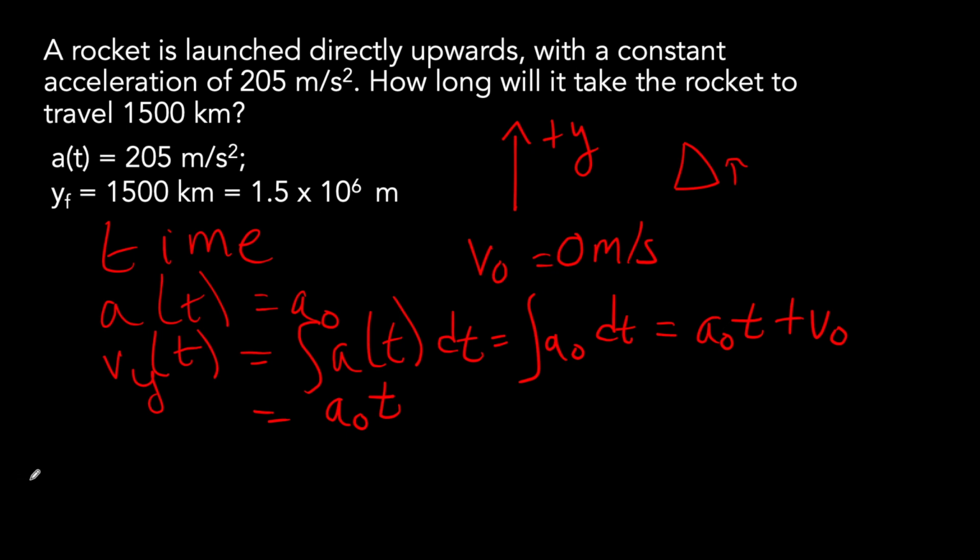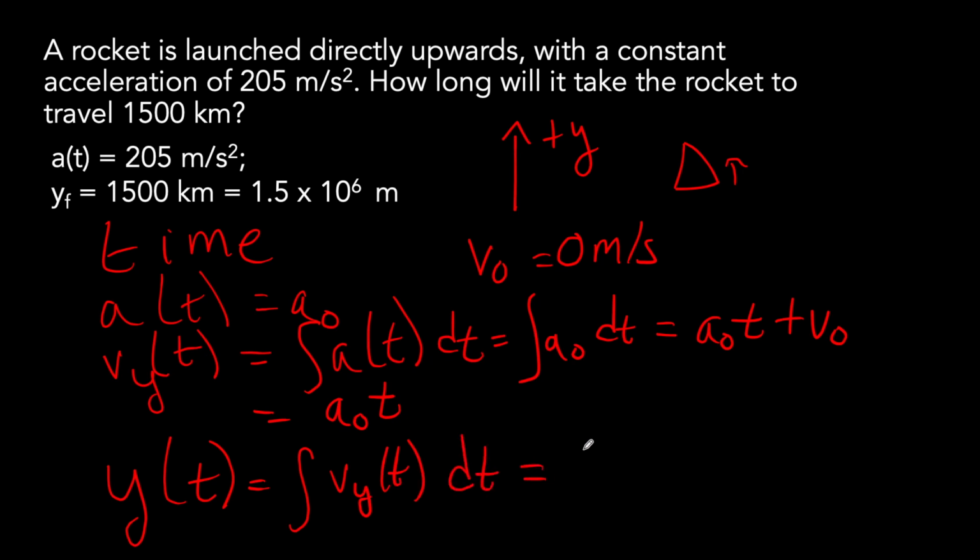Okay, now I really want to know the time it takes for me to travel to a specific position. So I actually want to get y of t. So I'll take another integral of v of t with respect to time.